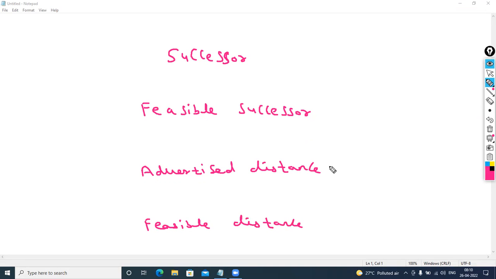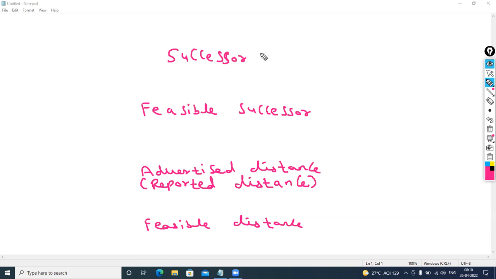Advertised distance, we also call it reported distance as well. Don't confuse it with administrative distance. Administrative distance is used to find the trustworthiness of a particular route.